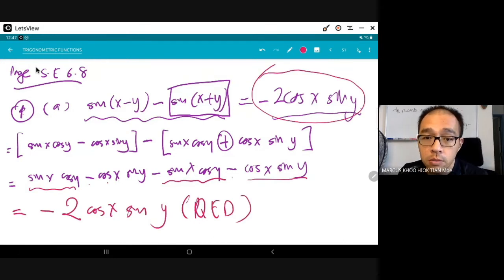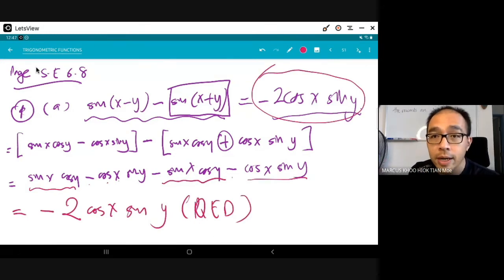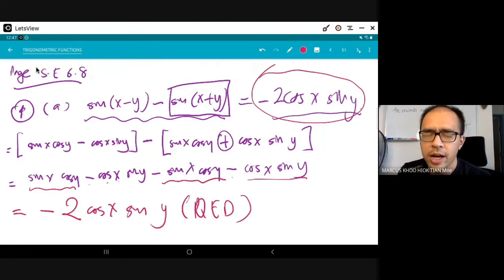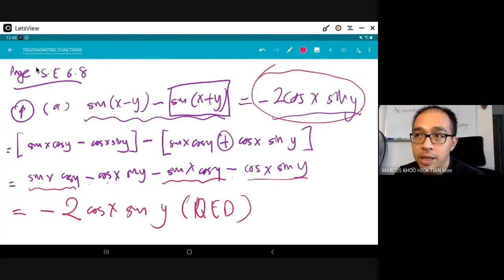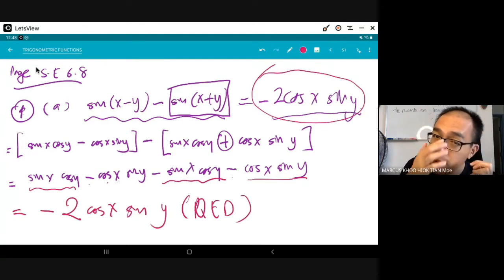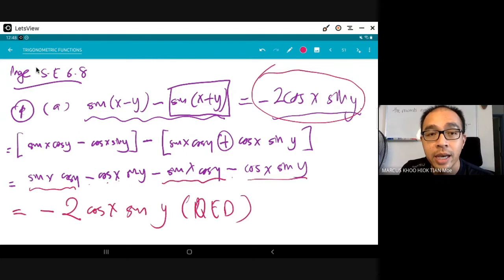So one of the uses of the addition formula is to prove other trigonometric identities. I think somebody last week asked me, and I totally forgot to answer this: what is the difference between an identity and a formula? I think that one is something you should research yourself.